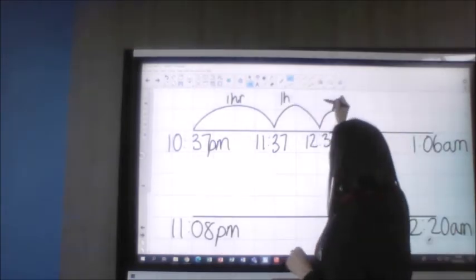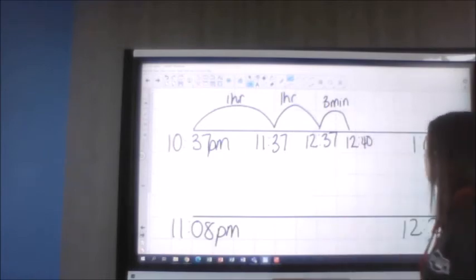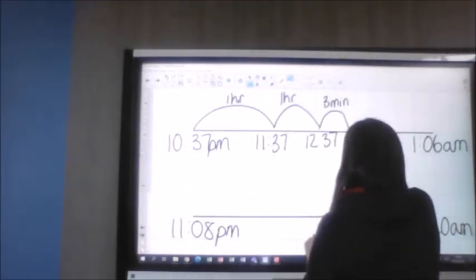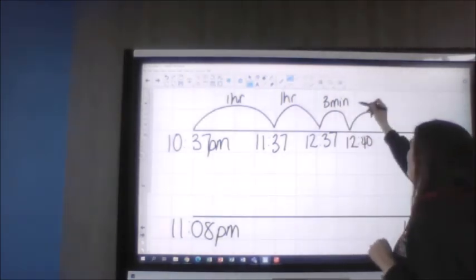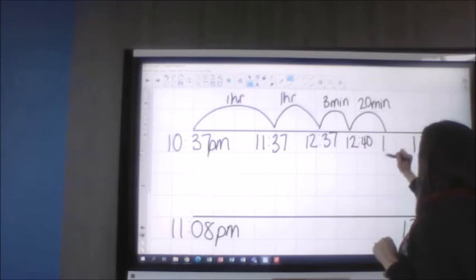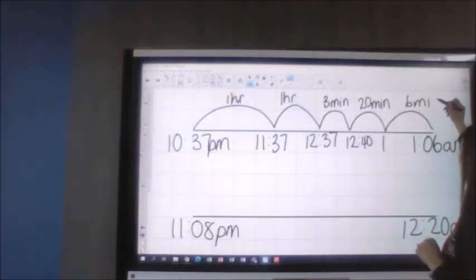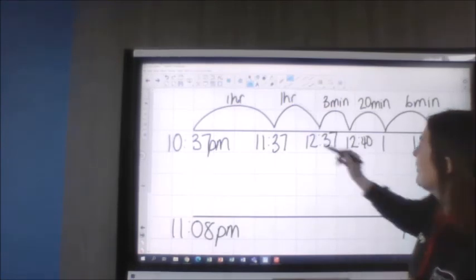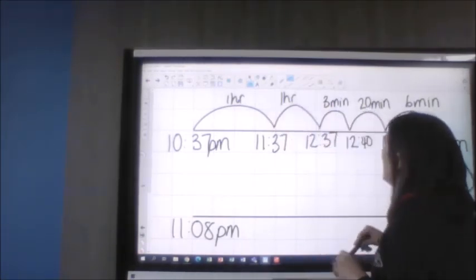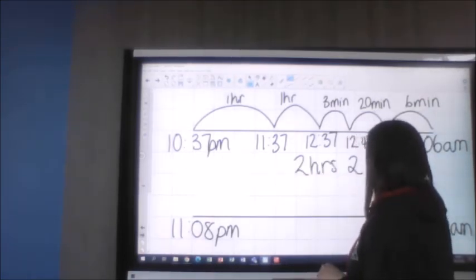So that's 3 minutes. And then I know to get to the next hour, because remember there's 60 minutes in an hour, I need to go from 40 to 60, so that's 20 minutes. That gets me to 1, and then my 6 minutes will get me to 1:06. Okay, so I've got 2 hours, 20, 23, 29. So that's 2 hours, 29 minutes.